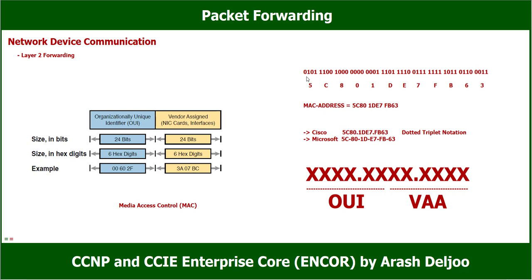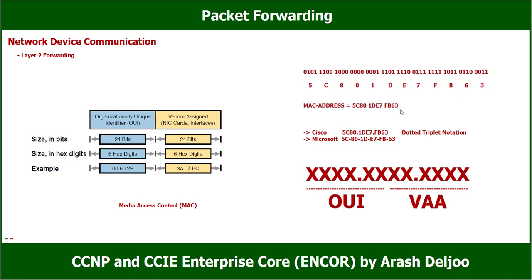Because of that, when you have 48 bits, actually you have 12 hex characters. Let me show you here. This is our MAC address. When we convert these 48 bits to hex characters, we receive these 12 hex characters. This is one MAC address.